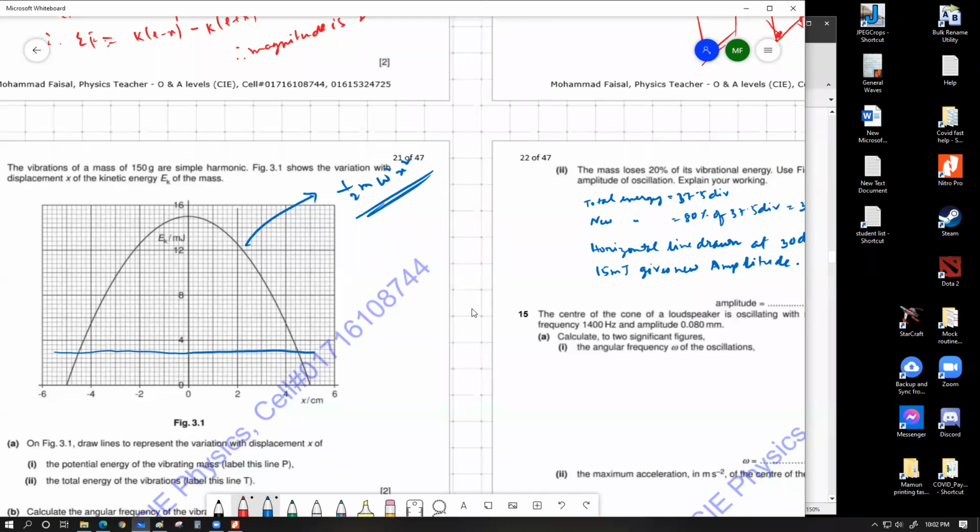This is not that curve. No, this equation is for the P graph. This curve is actually given by half m omega square (a square minus x square). So this is not done that way.